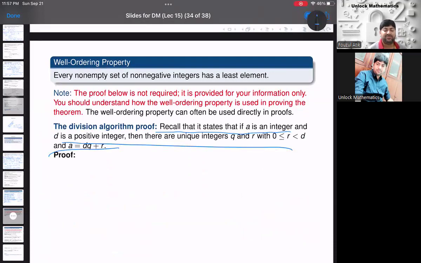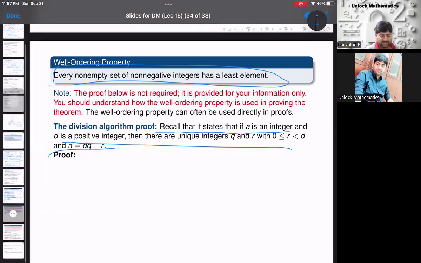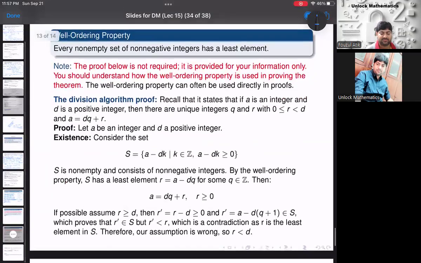Even though the statement is very easy, you can prove a very significant theorem with the help of this. The proof is not in the syllabus, but I have kept it in the slides. If you are interested, you can go through it, but at least you should understand the meaning of the well ordering property and be able to apply it.